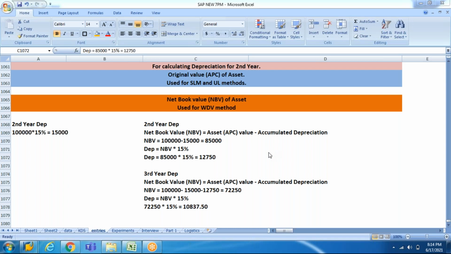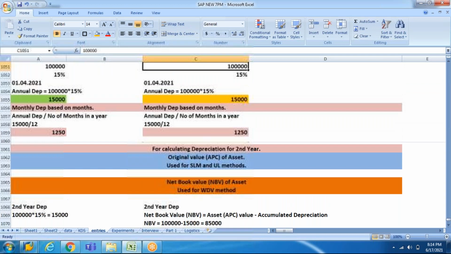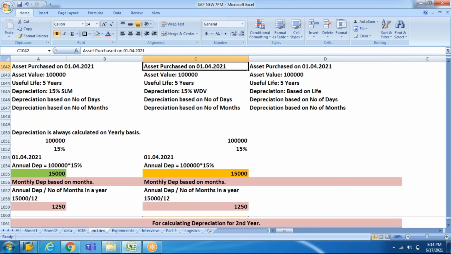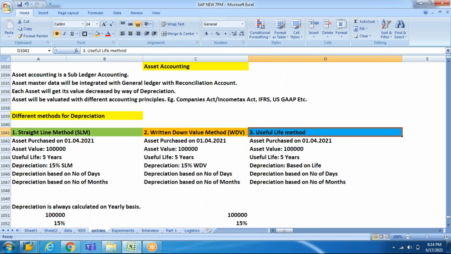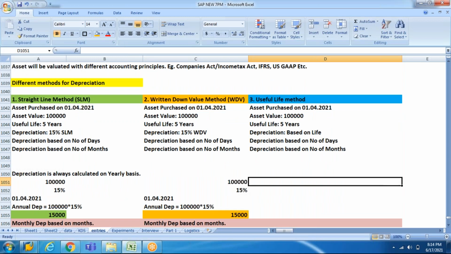Okay. So all these scenarios we will see in the system practically. And the last one, what we'll see, we'll try to calculate. This is very simple. Useful life method is very simple. Here also you need to consider the value of asset, which is 1 lakh.